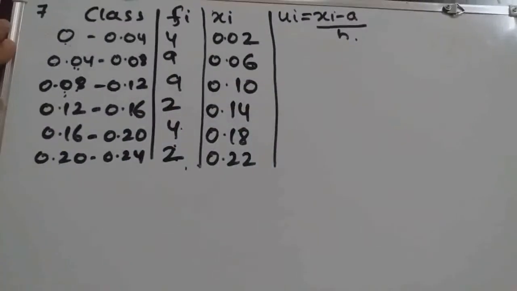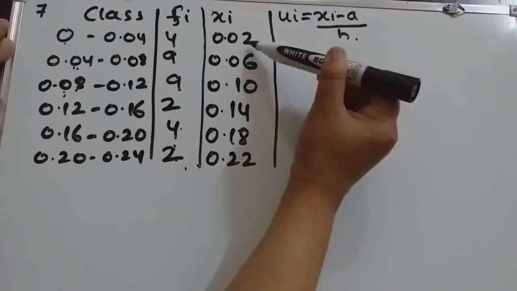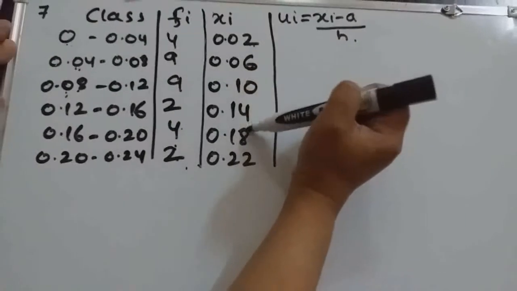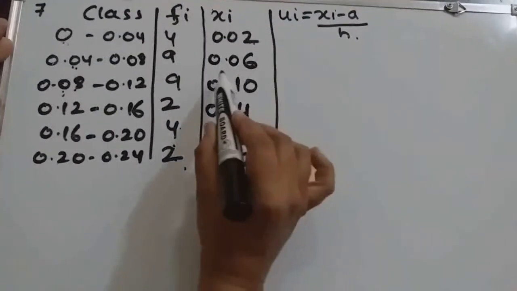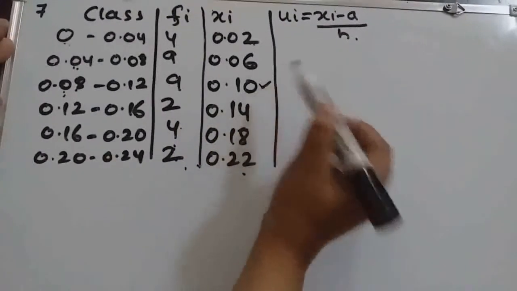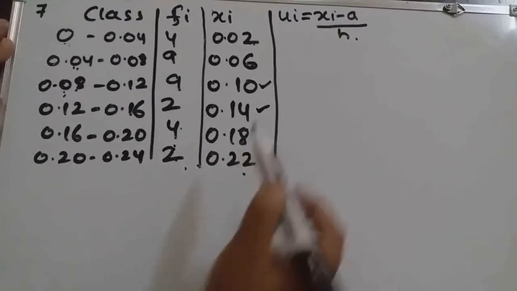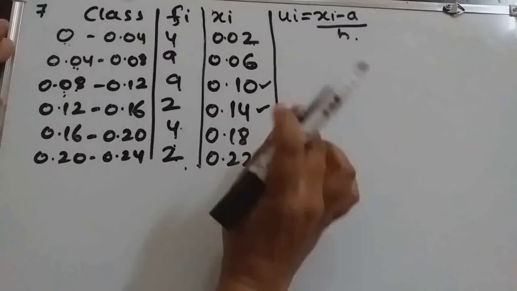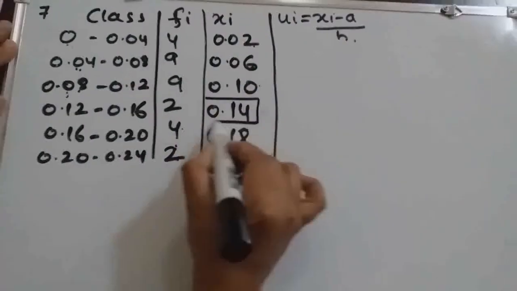Okay. Now see, how many observations are there? 1, 2, 3, 4, 5, 6, an even number. So what you can do, this value you can suppose as a, or this value, no problem. Any one of the values you can suppose as a. Suppose this one as a.